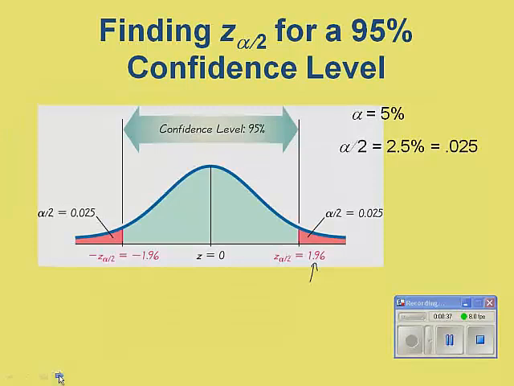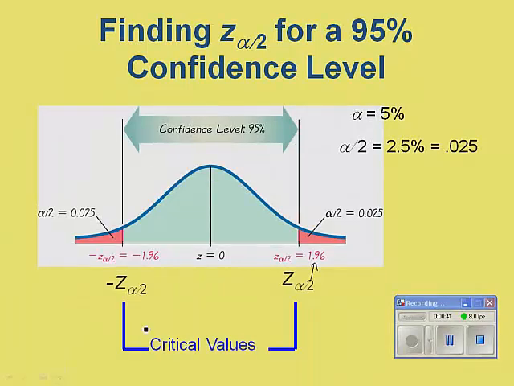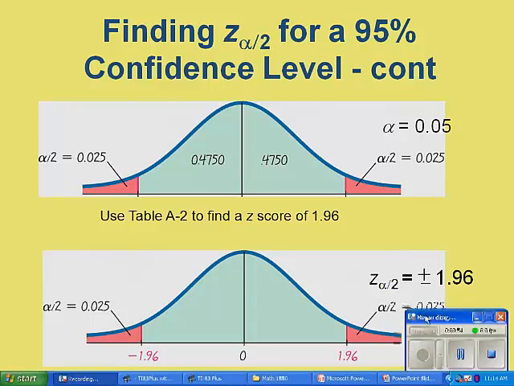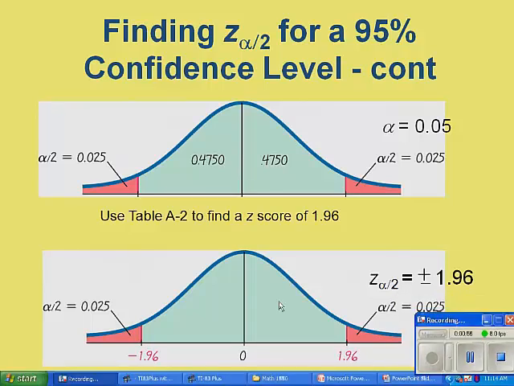I like this. It's kind of nice. Those are called critical values. I didn't make this slide, but I like them. They're pretty. How do we find Z alpha over 2 if you want a 95% confidence interval? You know, wasn't this your last question on that exam I just passed back? It must have been an important question.